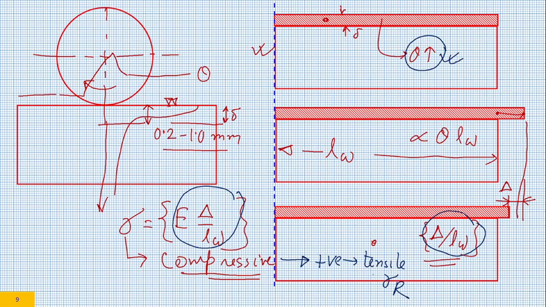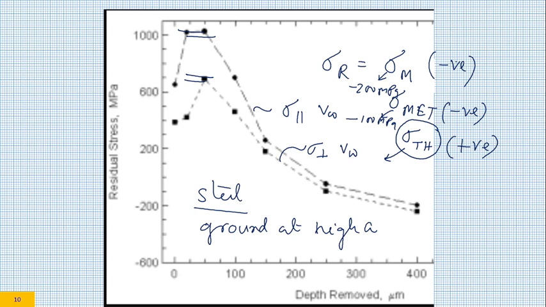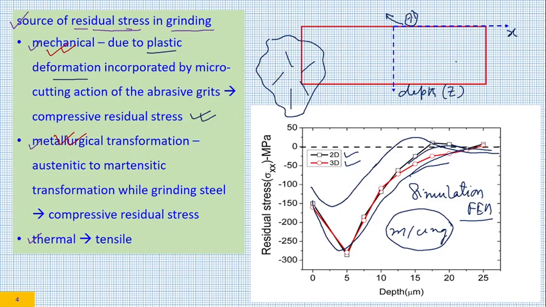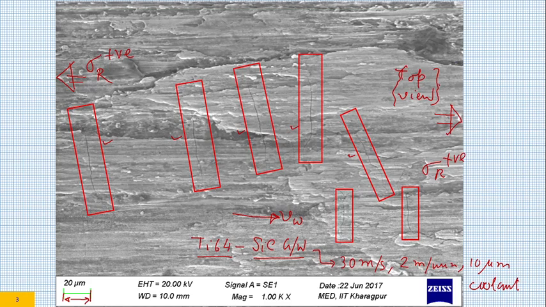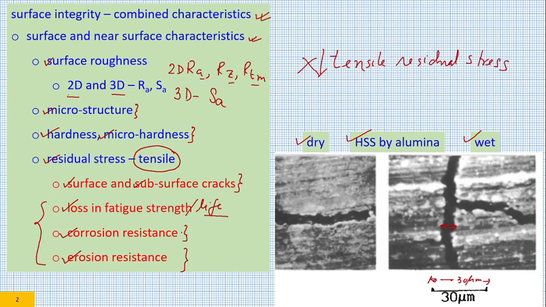When we were discussing grinding temperature, we said that high grinding temperature is the most horrible thing that can happen to grinding. That has to be controlled, that has to be brought down, and if you can bring it down, you would not have tensile residual stress. And if you do not have tensile residual stress, then expectedly you would not have these problems.